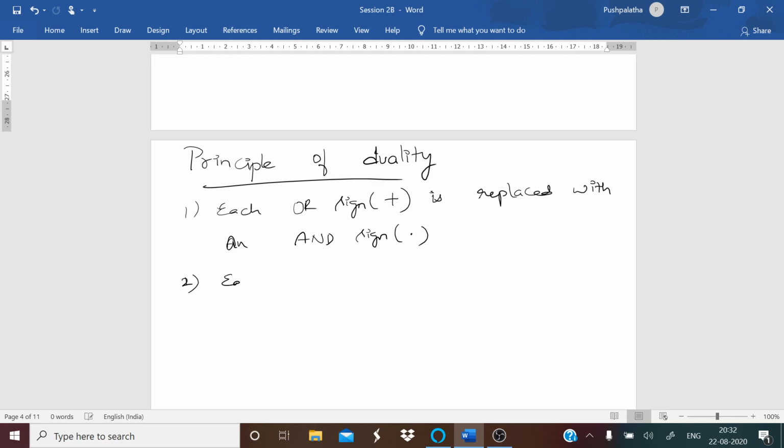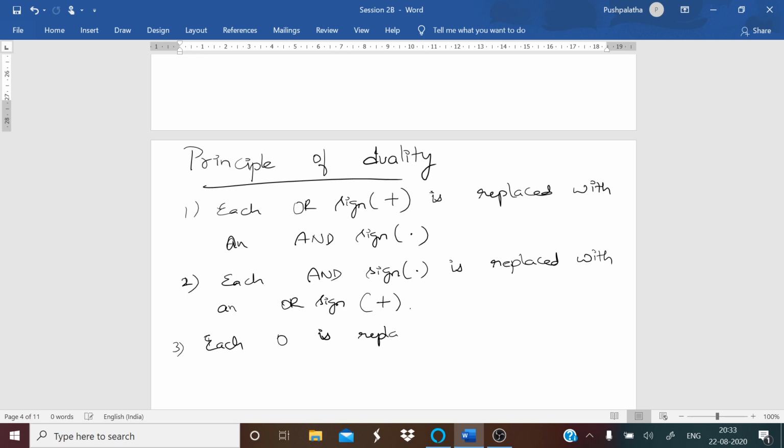And then again the opposite, each AND sign, that is dot, is replaced with an OR sign, that is plus. Okay, and next, each 0 is replaced with 1 and 1 with 0 in a Boolean expression.